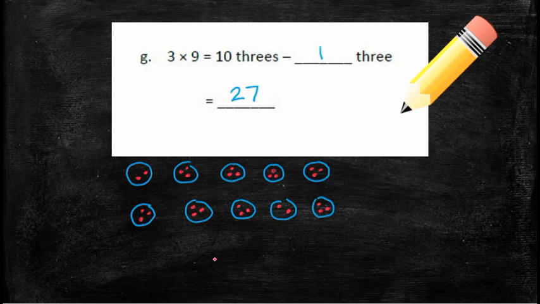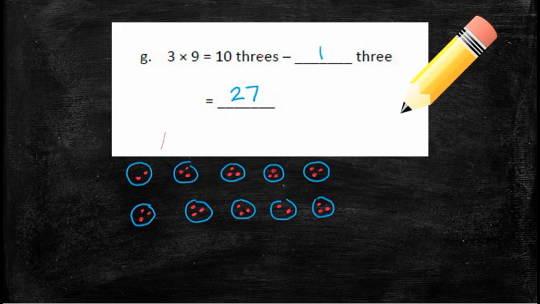Okay, so if I counted these, I would be counting by 3s. So I would say 3, 6, 9, 12, 15, 18, 21, 24, 27, 30. So there's 30 here.